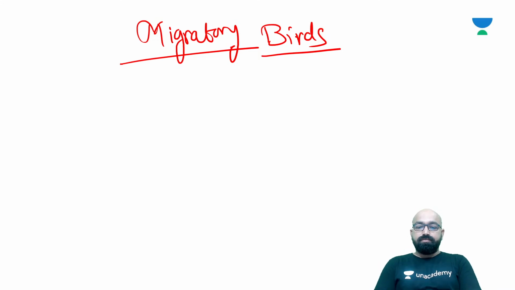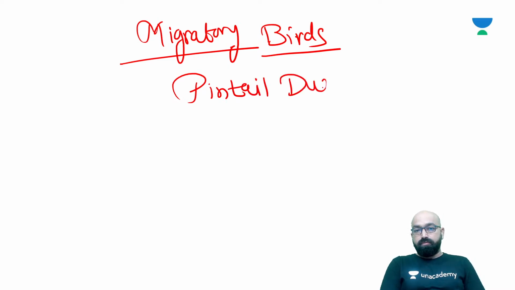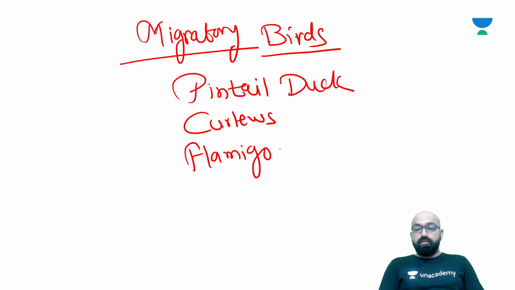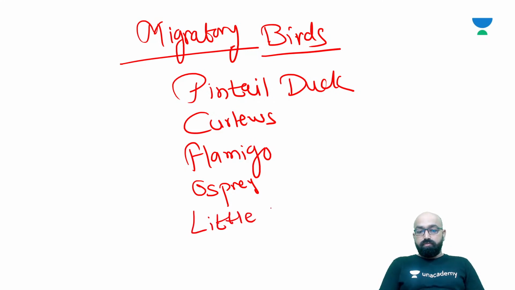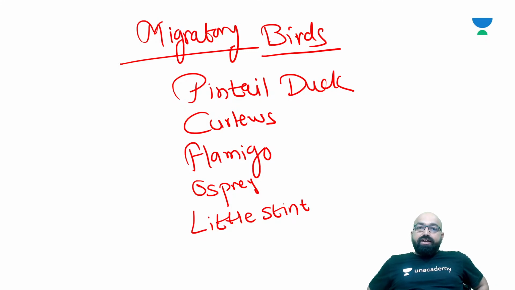Some birds such as pintail duck, then curlews, flamingo, osprey, and little stint migrate to our country in the winter season. Yes, they migrate every year in the winter season.